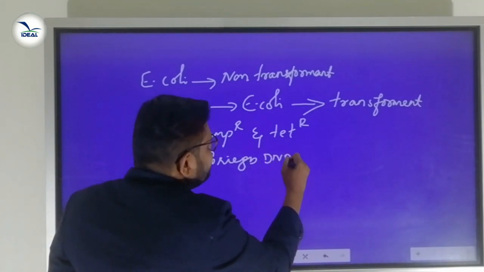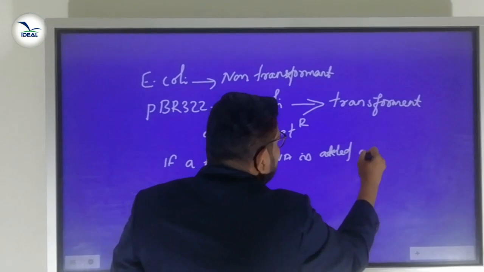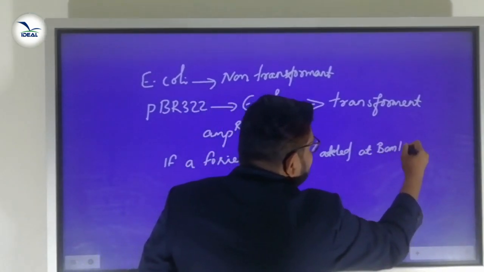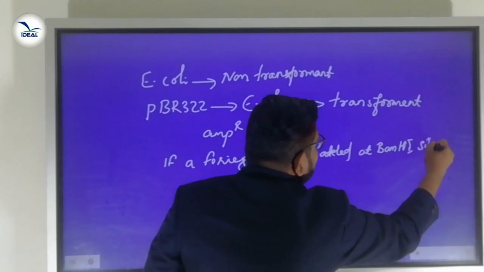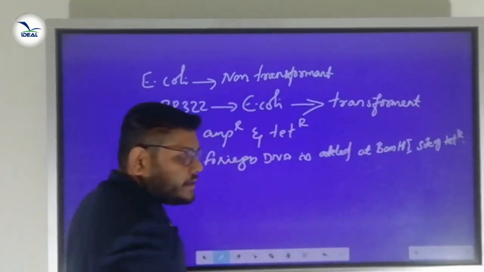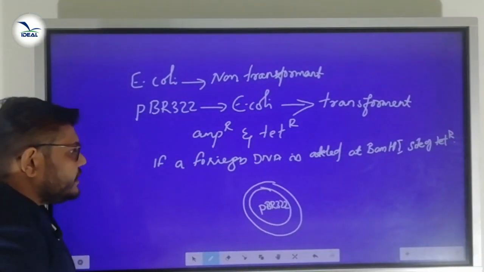If a foreign DNA is added at the BamHI site of the tetracycline resistance gene, this is the pBR322 plasmid vector. Is it clear?